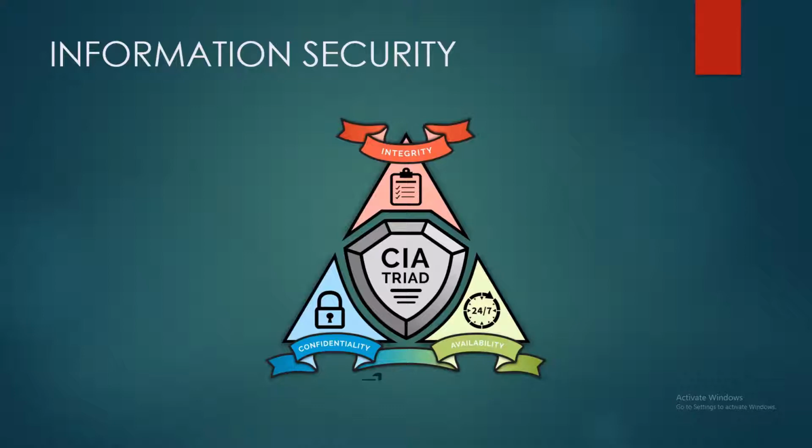Today, in 2020 or in the next several years, availability will play a crucial role because everything will be in the cloud. So availability, integrity and confidentiality of data are critical for your company. The whole of information security predominantly revolves around these three concepts.